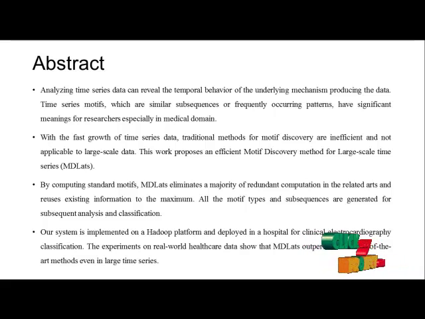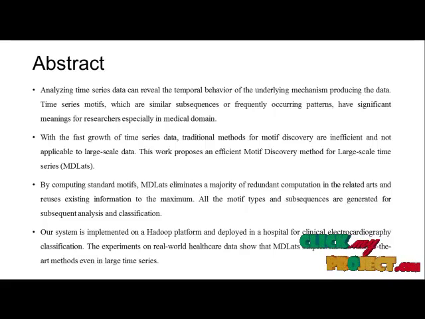With the fast growth of time series data, traditional methods for motif discovery are inefficient and not applicable to large-scale data. This work proposed an efficient motif discovery method for large-scale time series, MT-lags.